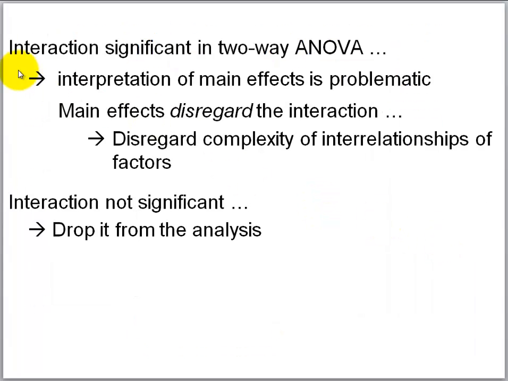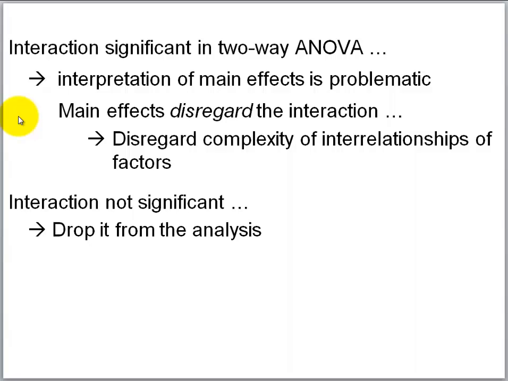Now, the tricky thing about ANOVA, I think, is that when you've got an interaction, the interpretation of your main effects becomes problematic. In essence, there isn't a single main effect, but whatever effect there is differs according to the level of the other factor. So there is no straightforward interpretation of main effects when you've got interaction.